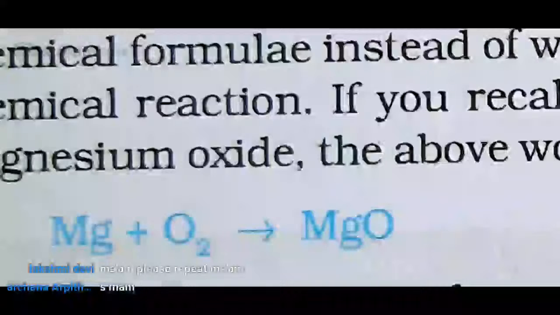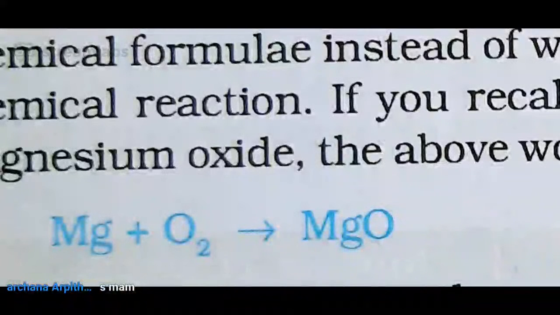When you look at the screen, magnesium combines with oxygen to form magnesium oxide. When 1 or 2 elements combine together to form one product, it is known as chemical combination. This is the example for chemical combination.